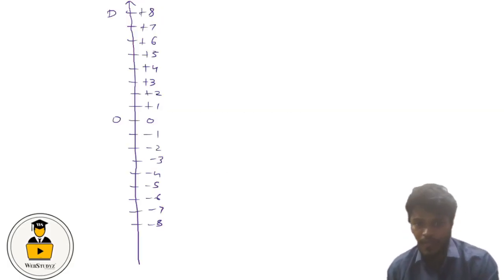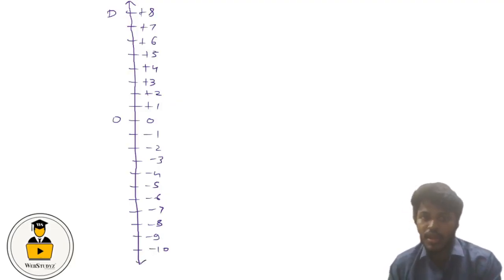So there are a total of 10 points. This represents our number line, and we have marked all the integers present on it.